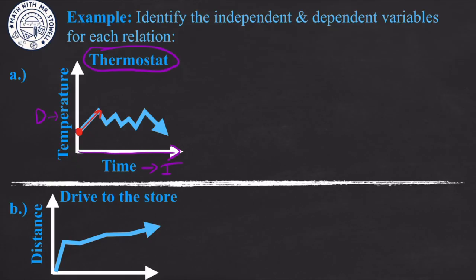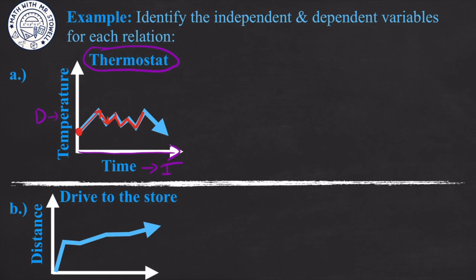But as the thermostat goes on, it gets hotter, but eventually it gets to a point where it shuts off. And at that point, it starts cooling off if it's colder outside. And then it kicks back on. Then it just goes back and forth with the temperature depending on how warm it is, depending on what time it is in the day.